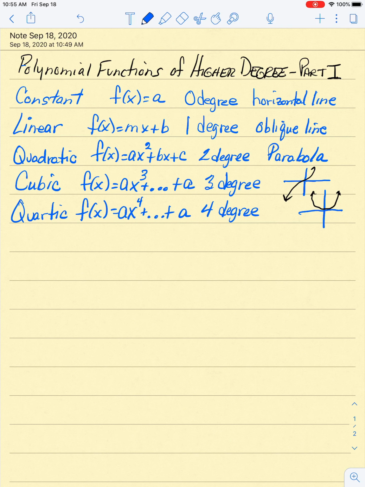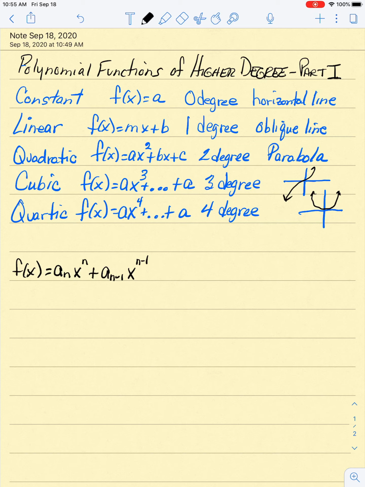Some other things when we're looking at a polynomial function. Let's say our f of x is of the form a sub n x to the n, plus a sub n minus 1 x to the n minus 1.